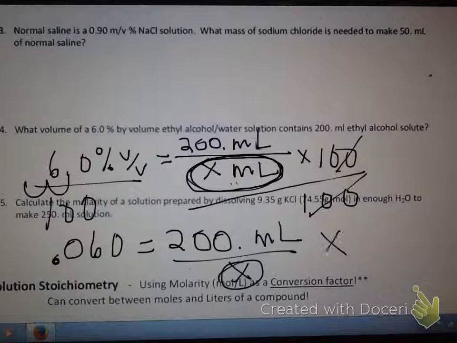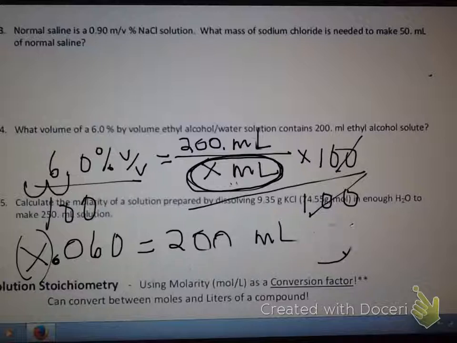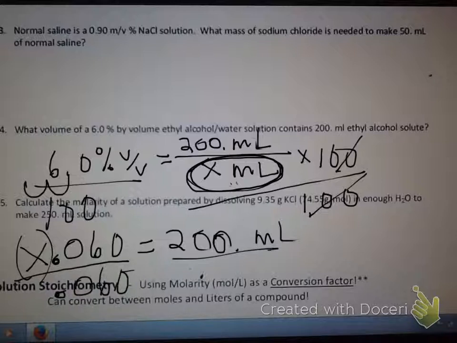So what we're going to do is multiply both sides by x. And when we do that, we get the x out of the denominator and bring it to the numerator. So when I multiply both sides by x, I have 200 equals 0.060 x. Now I divide both sides by 0.060.